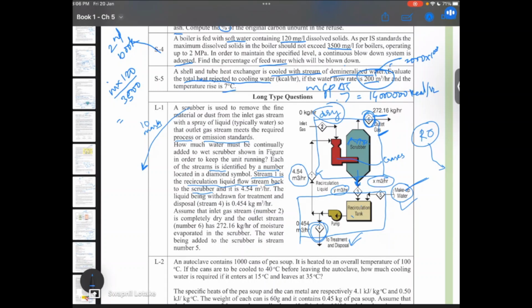So remember, when it comes for 1 mark, just add both of them. If it comes for 10 marks, then you have to solve it the way that I did. You have to form two systems, find out y, find out x, and the same way you will get the answer. And just for verification, you can add stream 4 and stream 6.